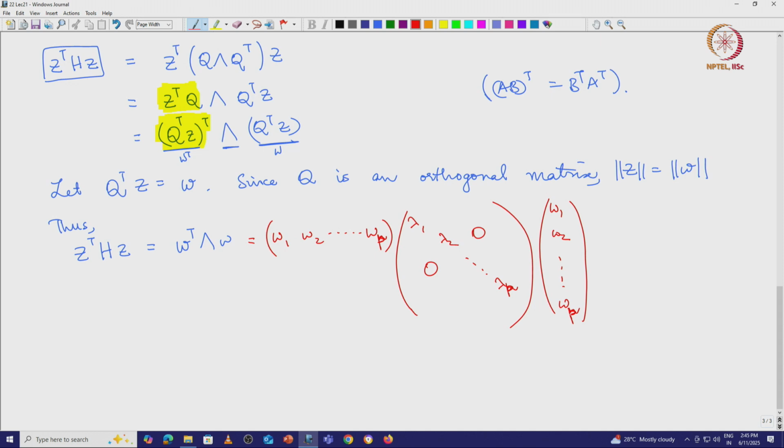This is really nice because the lambda matrix is diagonal, so your W will just get multiplied with lambda 1, which in turn gets multiplied again with W 1. So if you were to write this out, this would simply be lambda 1 W 1 squared plus lambda 2 W 2 squared all the way up to lambda p W p squared, and this can be written as the sum over i going from 1 to p of lambda i W i squared.